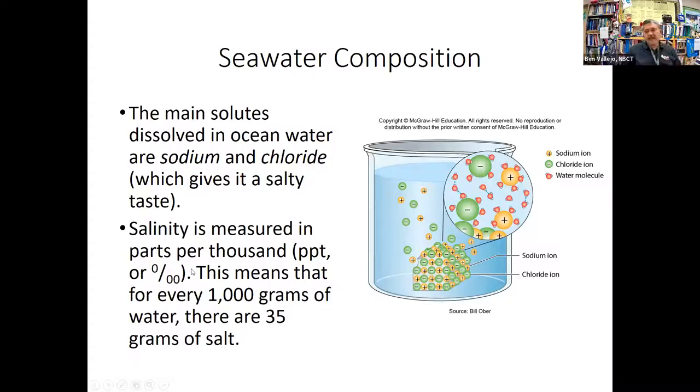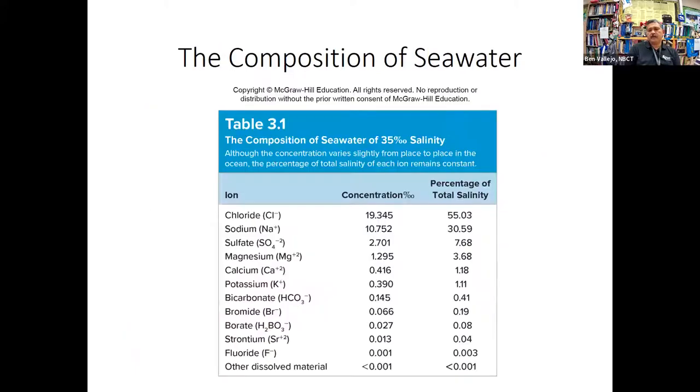And so that's how we measure salinity. Usually we say it's 35 parts per 1,000, or PPT. So if you see PPT, or if you see the symbol right here, we're talking about parts per 1,000. And again, it's about 35 parts per 1,000 on average for ocean water.